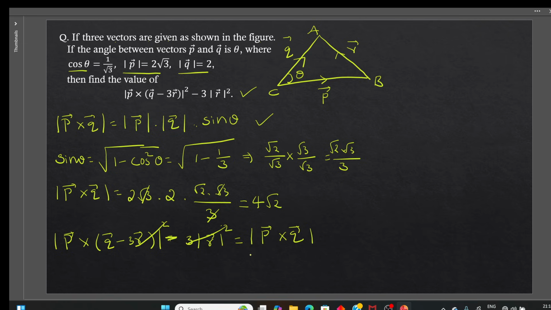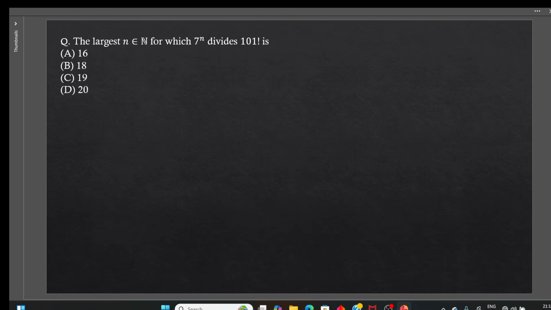We know this identity already, so we get P vector cross Q vector square. P vector cross Q vector is 4 root 2, whole square: 4 times 4 is 16, the square root cancels, remaining is 2. 16 times 2 is 32. So 32 is the answer. Clear? Next, let's go to another question.